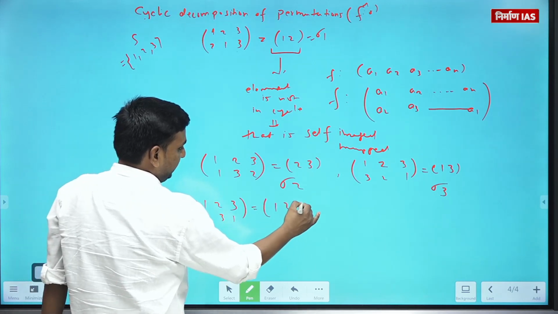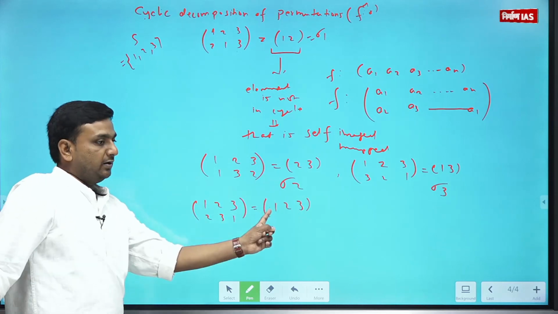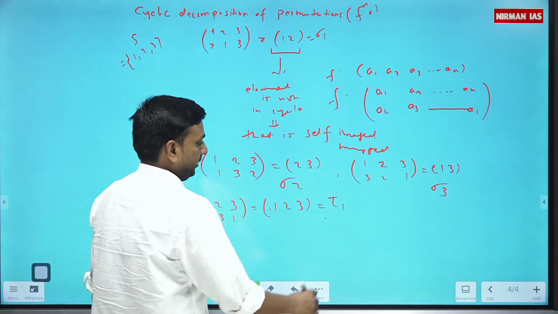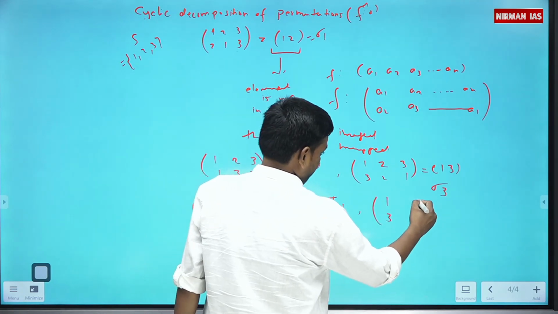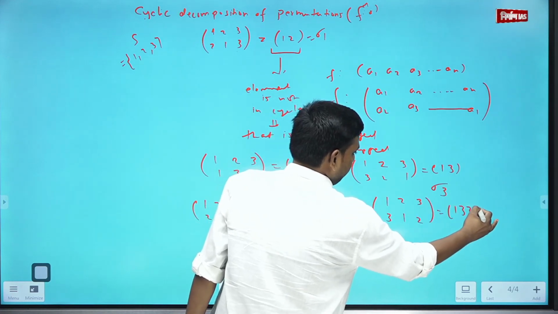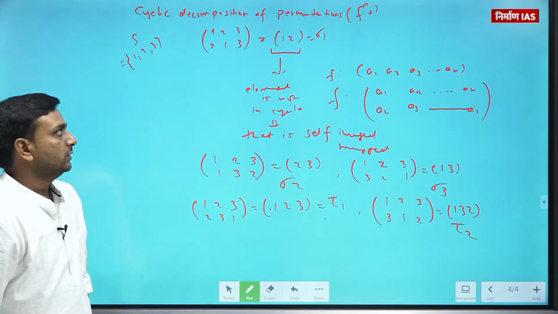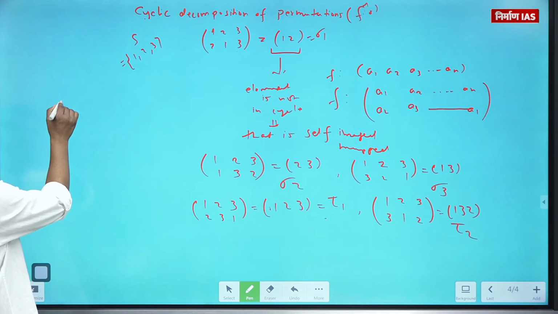How will it be represented? The image of 1 is 2, of 2 is 3, of 3 is 1. This is nothing but tau 1. And this is represented as tau 2.